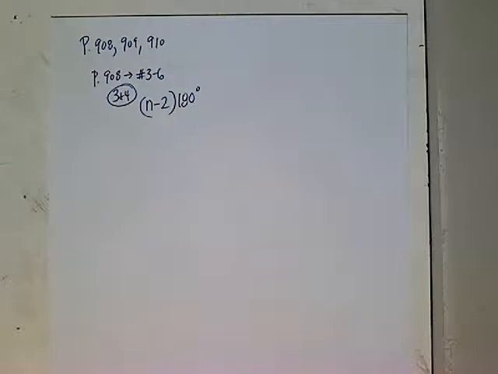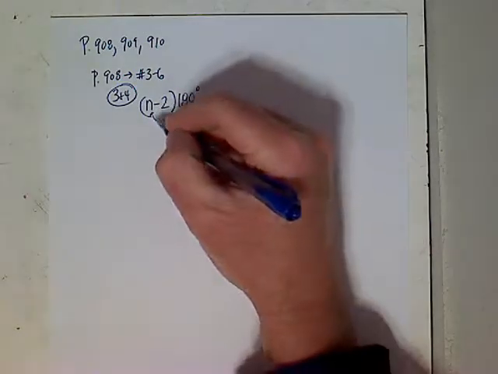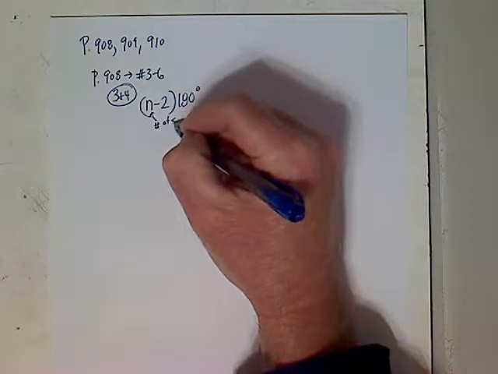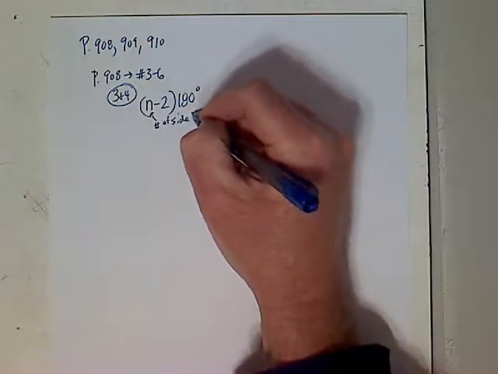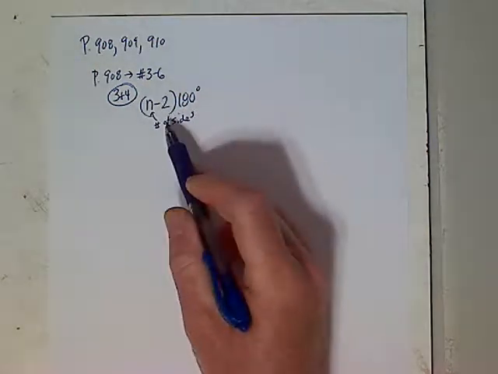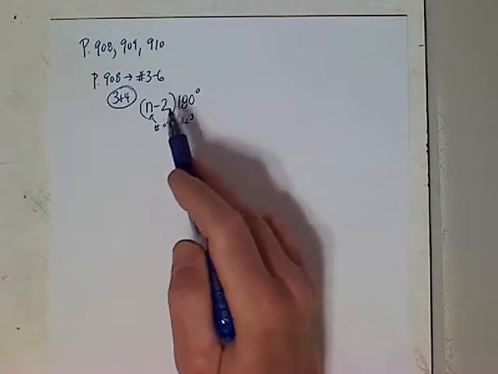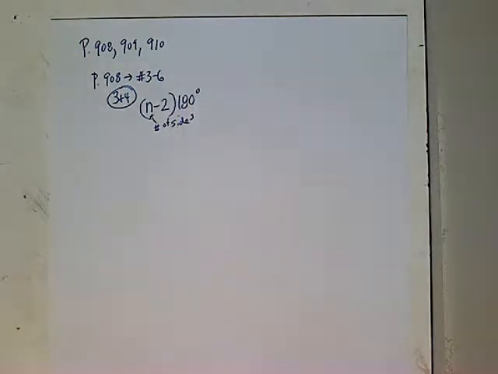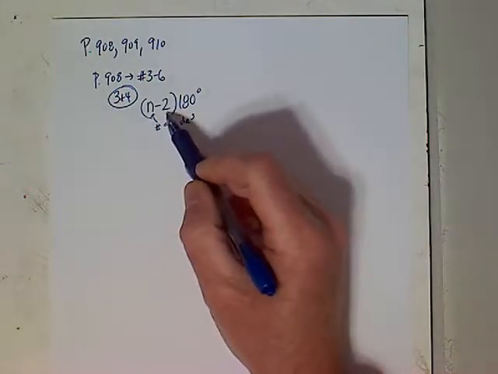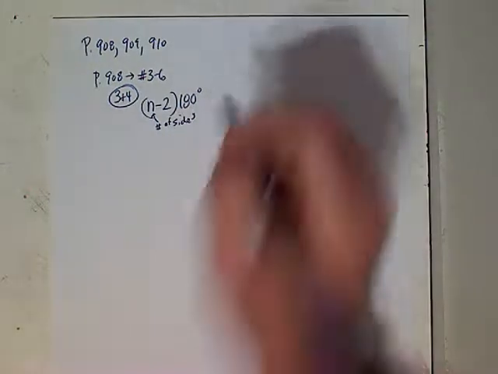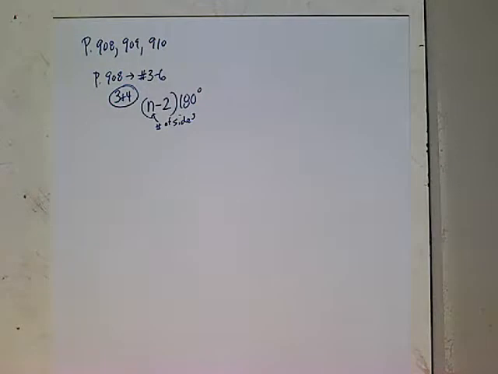N stands for number of sides, if you've forgotten that. Subtract 2 from it first. Sorry, these videos are unedited. Whatever I'm saying, I say. So again, take the sides, subtract 2, and then multiply by 180 degrees, and that will tell you what the sum of the angles inside your polygon equals.